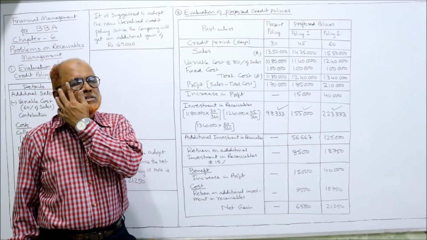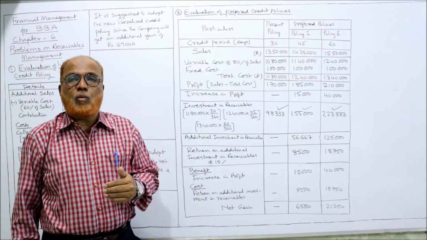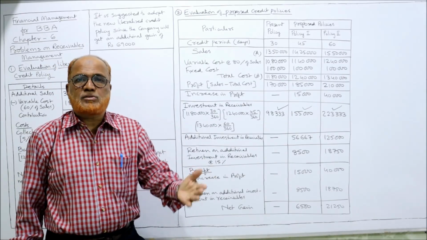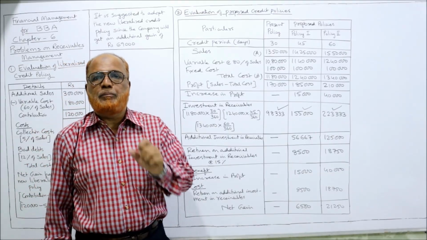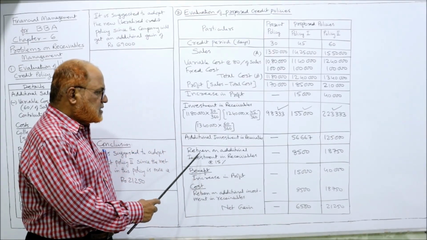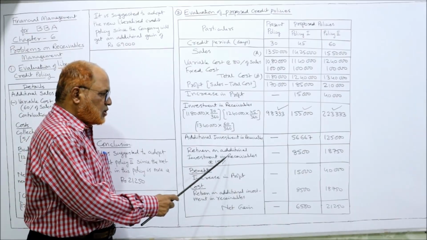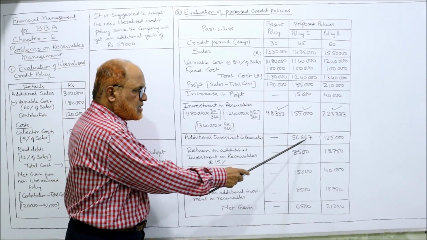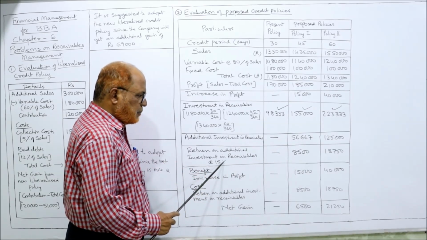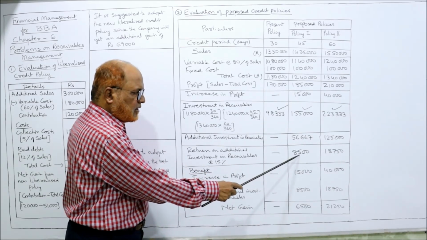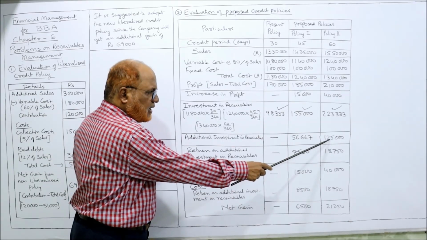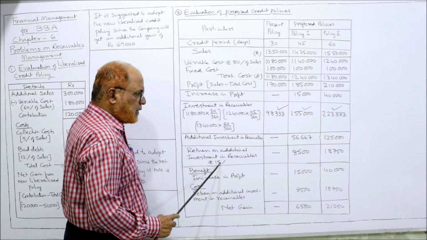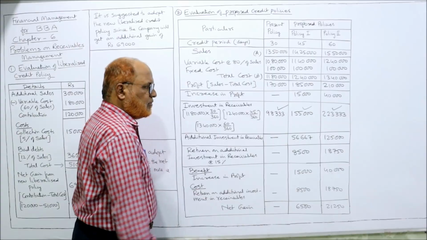Now in the problem it is given, the return we require on additional investment in receivables is at the rate of 15%. So 56,667 into 15%, you will get 8,500. Similarly, 1,25,000 into 15%, you will get 18,750.